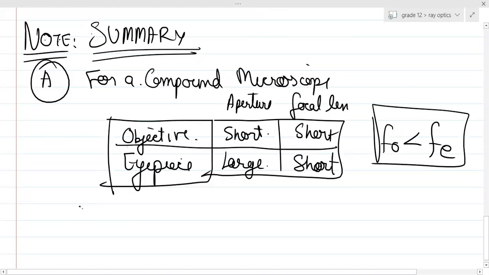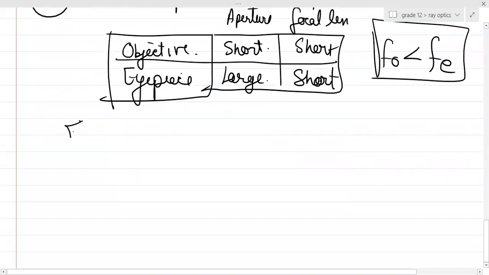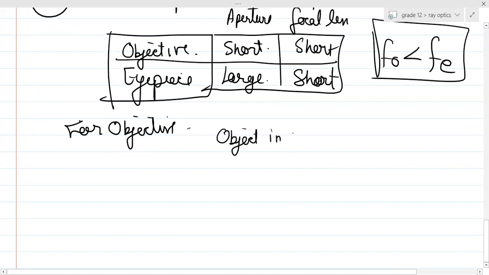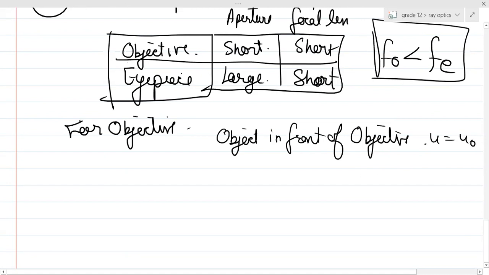After that, for objective, the image we know.